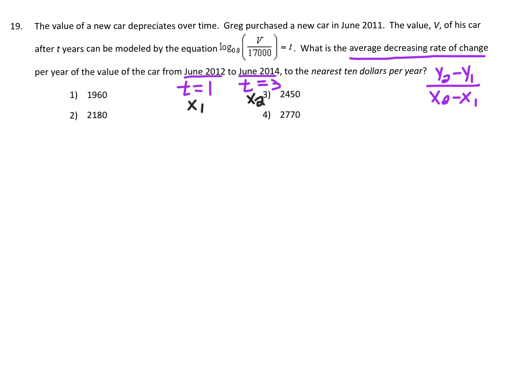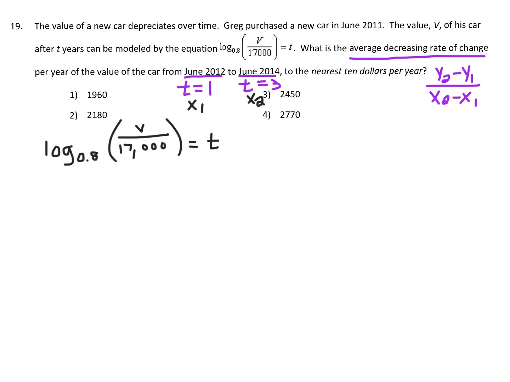Now what we need to do is figure out what y values, or in this case, instead of a y, we're using a v, what v values correspond with these t values. Okay, so I think the easiest way to do it, in my opinion, is just to get this v by itself in this equation.